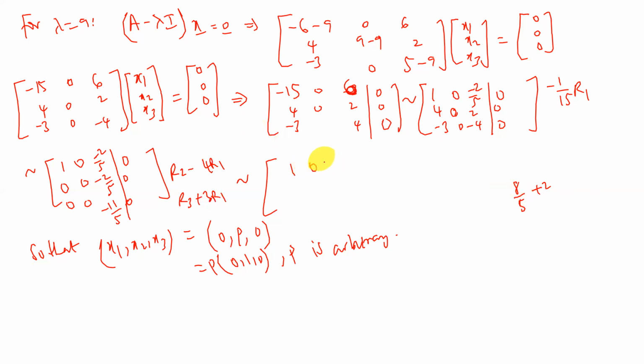So 1, 0, minus 2 out of 5, 0. So that's going to be row 2. Yeah, so it's going to be 18 here.